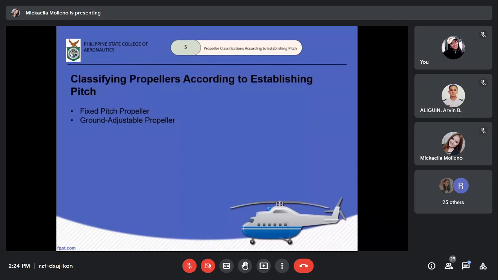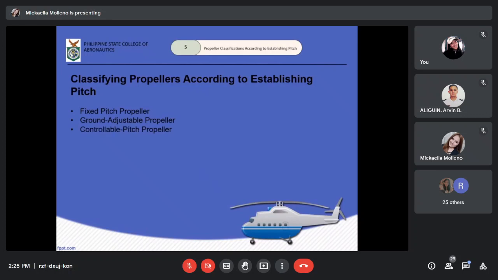Hindi siya masyadong ginagamit sa modern aircrafts. Why? Kasi imagine, you have to be on the ground just to adjust your blade angle according to what your phase of the flight requires. That totally does not make sense na you have to land every time you might need to change your blade angle.